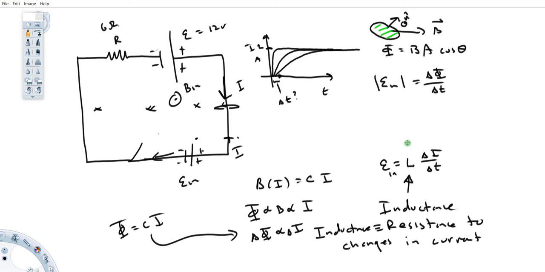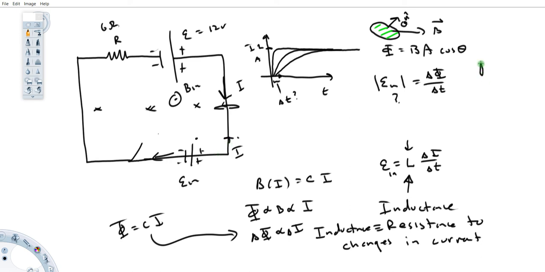Now, how do we create loops that have higher inductance? Well, inductance is coming from changes in magnetic flux. So you create circuits that have lots of changing magnetic flux. The most common example I can think of is a solenoid.